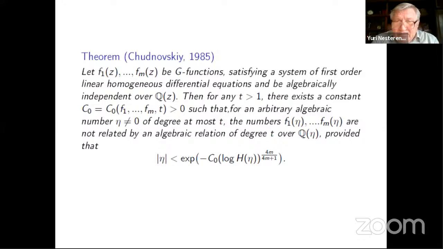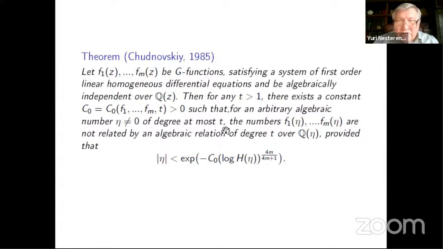Then for any t larger than 1, there exists a constant C0 such that for an arbitrary algebraic number eta, distant from 0, of degree at most t, the values of the G functions at the point eta are not related by an algebraic relation of degree t over the field generated by this eta, provided that eta is rather small in comparison with the height of this number eta.